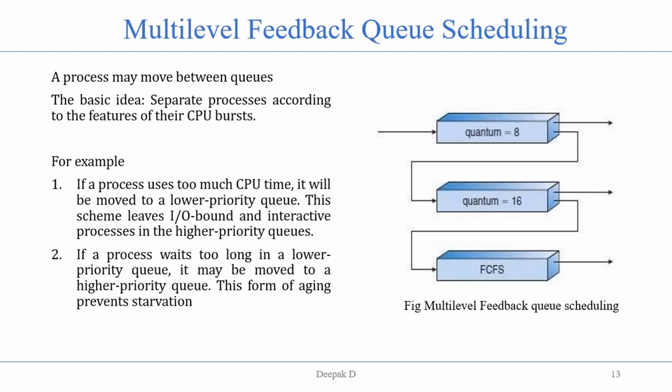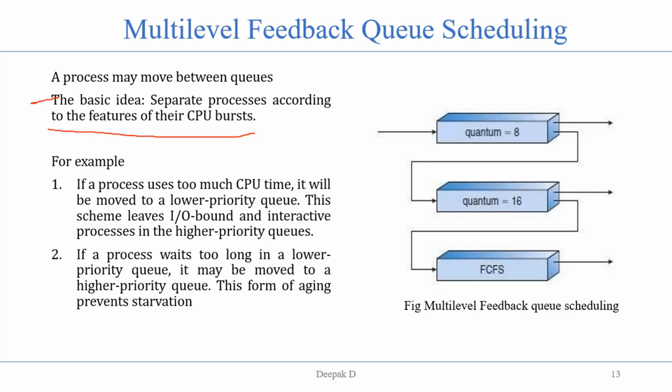In order to overcome that, we have the other algorithm, multi-level feedback queue scheduling. What it does is allow a process to move between the queues. The basic idea is to separate processes according to the characteristics of their CPU burst.